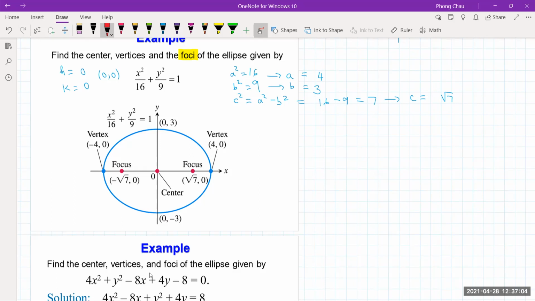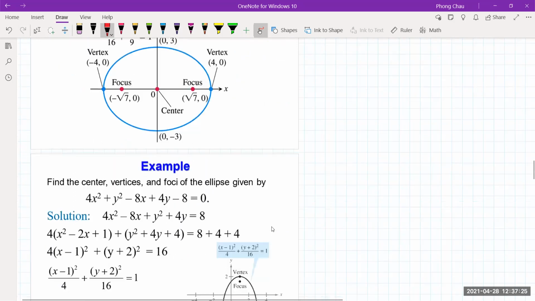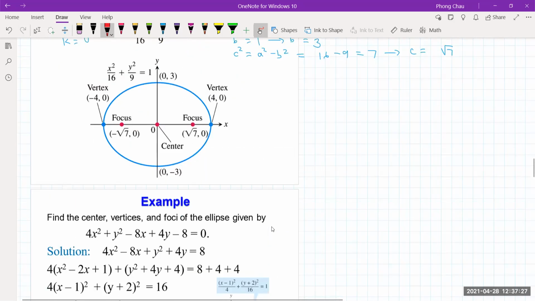Same way we did it with the equation of a sphere back in the beginning of the semester. So to do so, we have to complete the square. We're going to group the x terms together, the y terms together, then we complete the square. So here's the step, actually showing here.